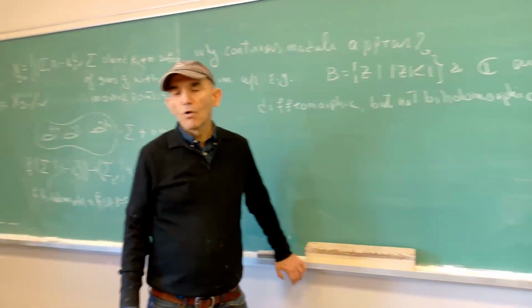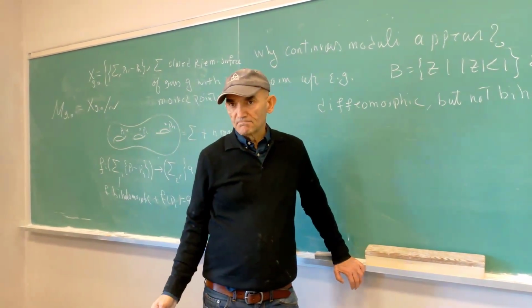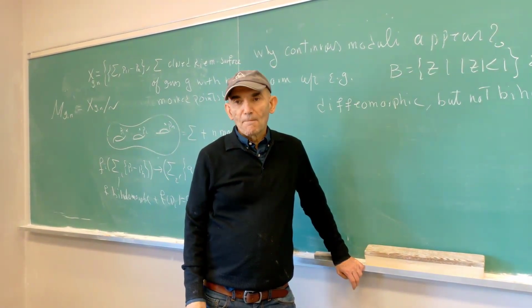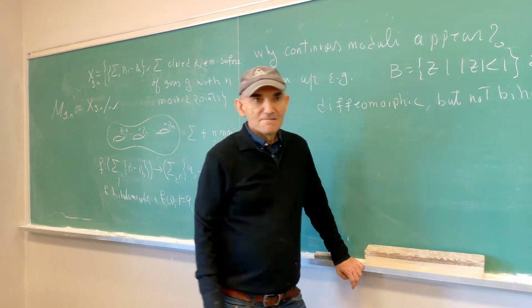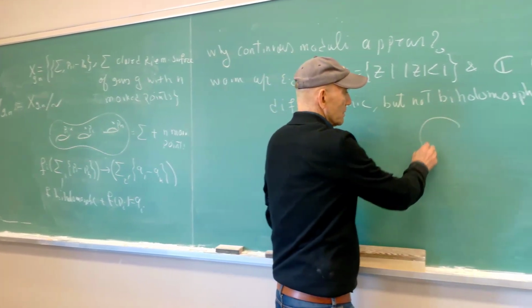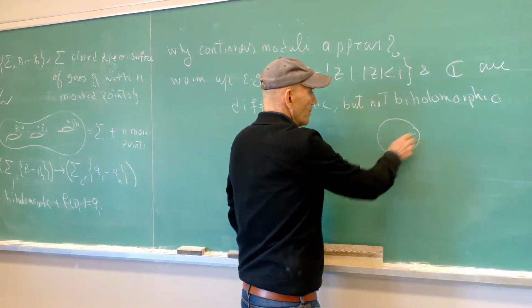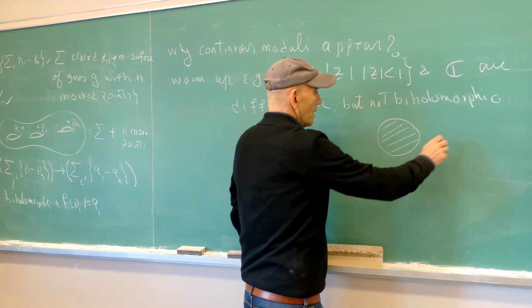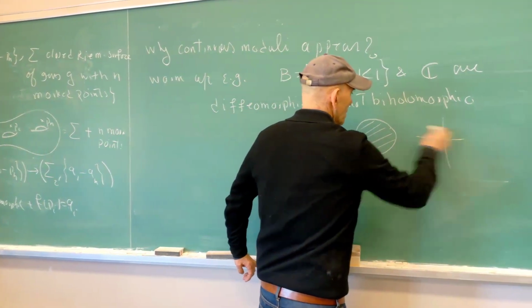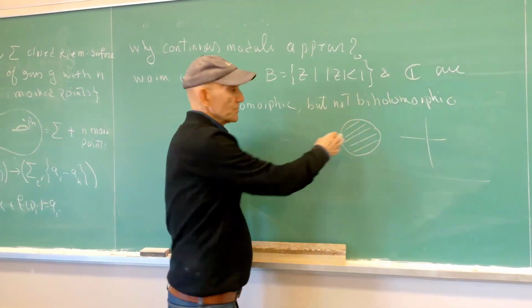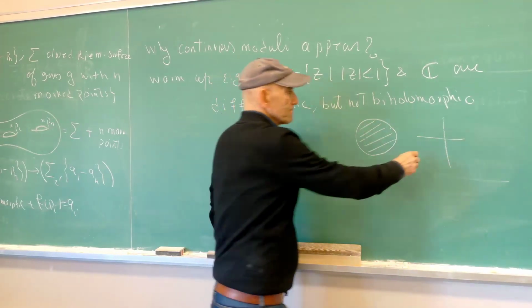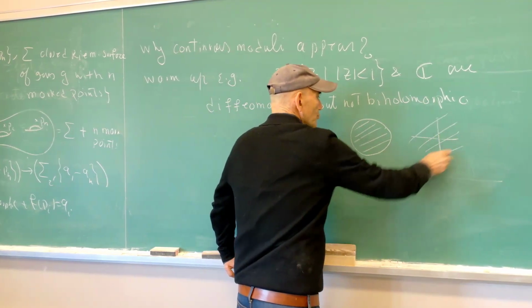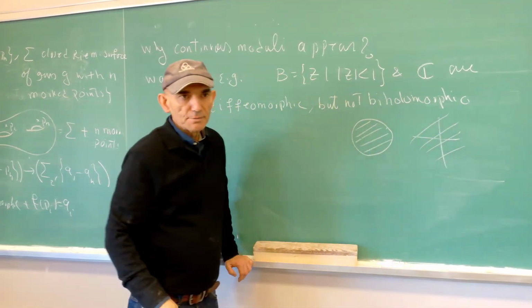Why is that the case? Because in usual topology, the open unit disk and the whole plane are diffeomorphic to each other. You can write a smooth map, a C infinity map, from here to there, and vice versa. But you cannot write a holomorphic equivalence between the two.